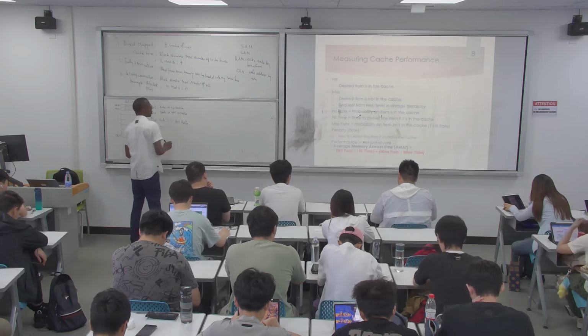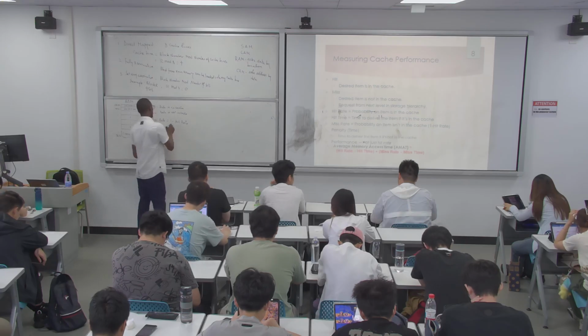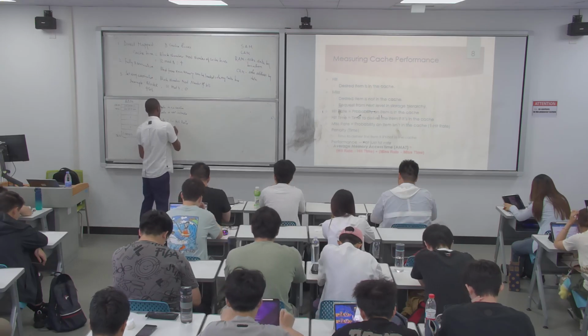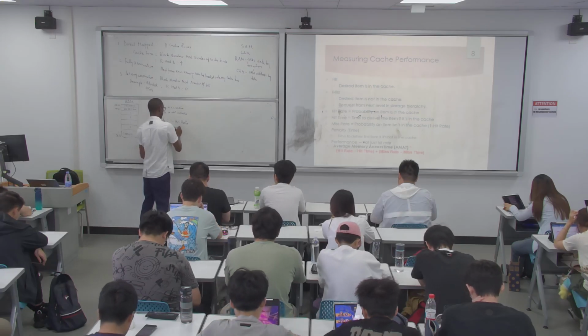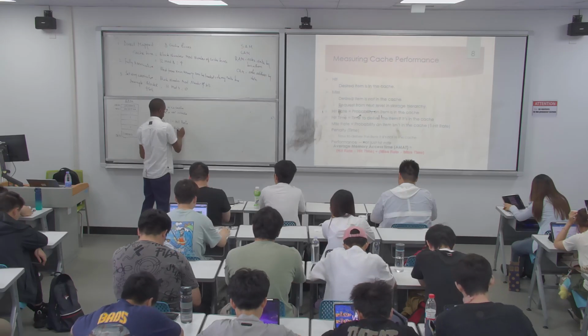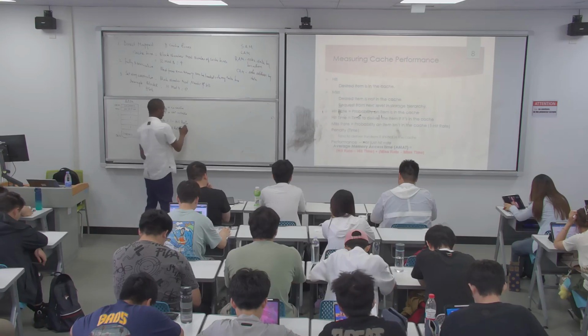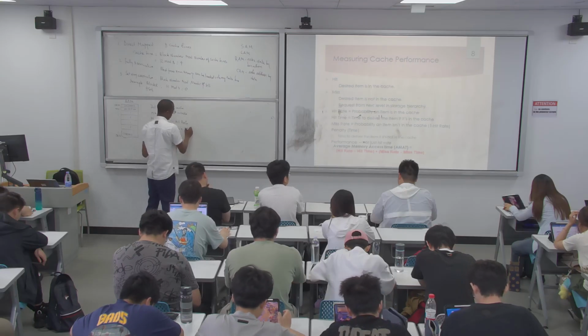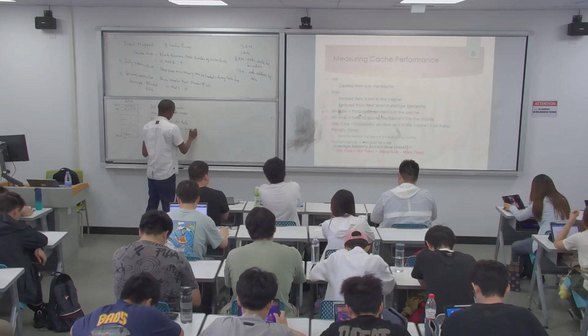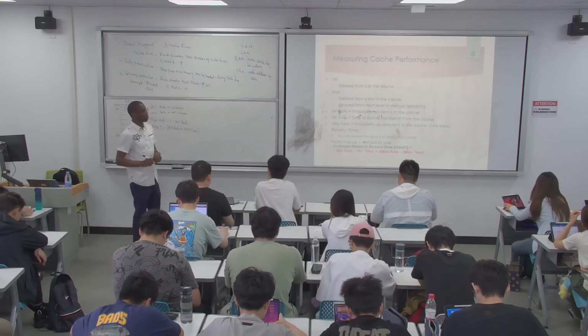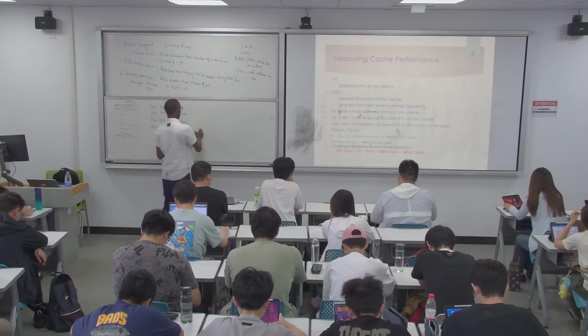time, which is equal to the hit rate, the probability of having an item in the cache memory, times the hit time, how long it takes to return the item to the system when it is in the cache, plus the miss rate.